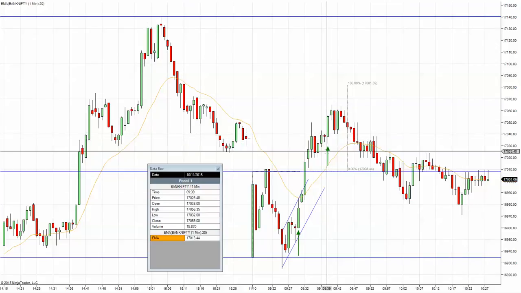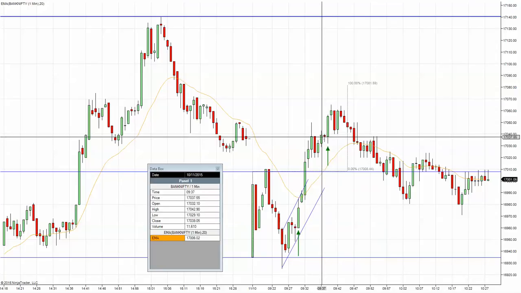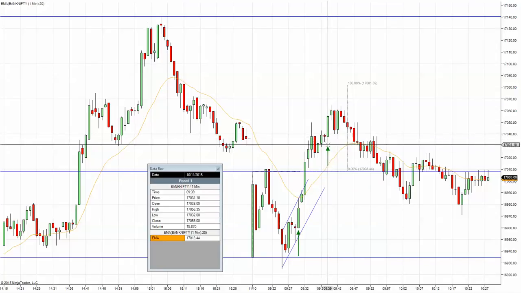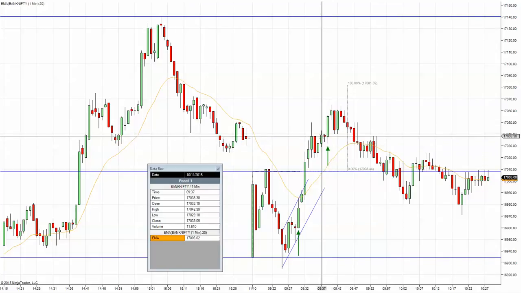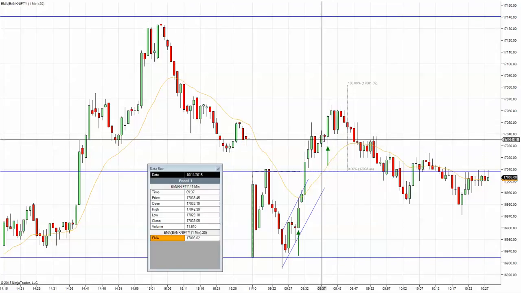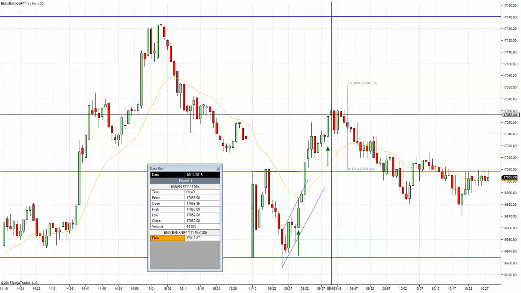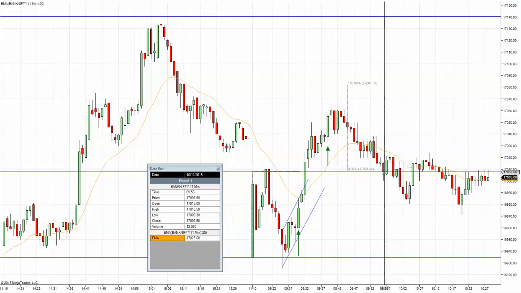So I have marked this trade specifically for 20 points, not 30 points, because chances of getting that much more is not high. So if someone went long about here, you could have made the 20 points in this bar, in just 2 minutes.